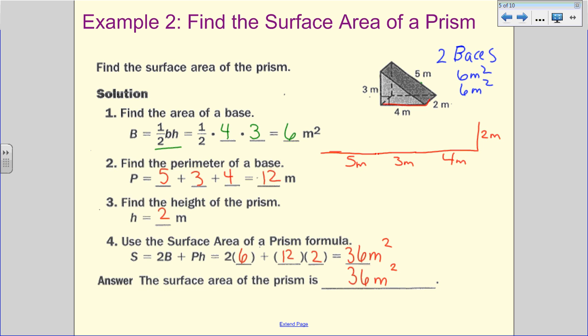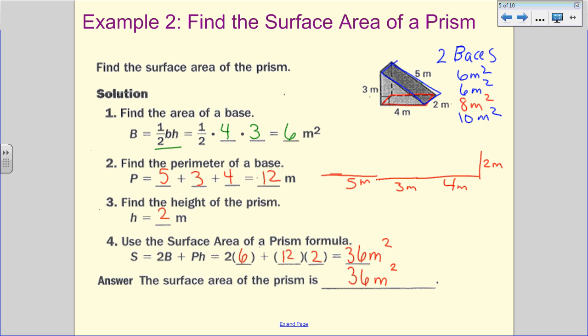This is a 4 by 2 rectangle, so that's 8 meters squared. This is a 5 by 2, which is 10 meters squared. And on this side, we have a 3 by 2 rectangle, which is 6 meters squared. If we add all of these together, we still get the same 36 meters squared.